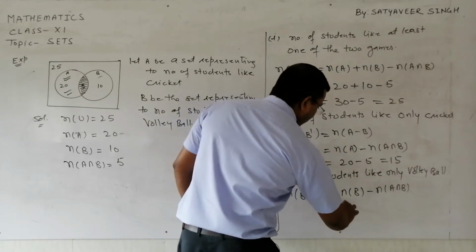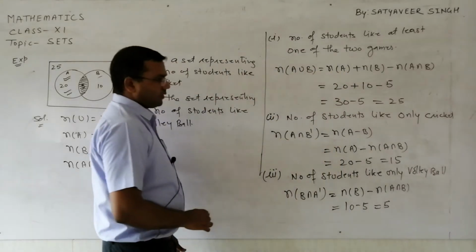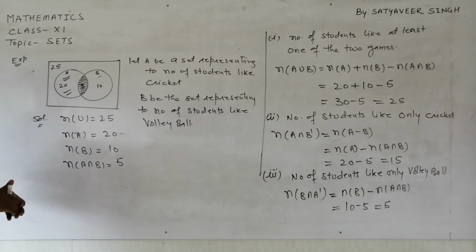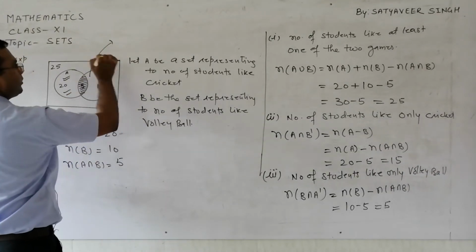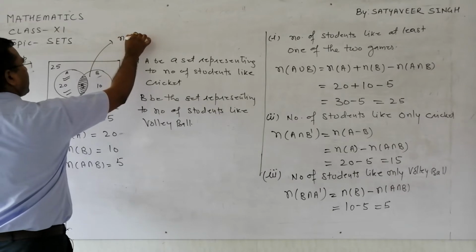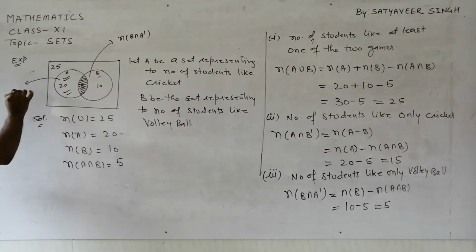It will be equal to 10 minus 5, meaning there are 5 students who like only volleyball. So here we calculated only volleyball, it is B intersection A complement, and only cricket, it is A intersection B complement.